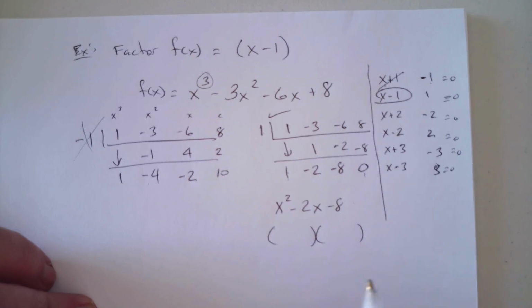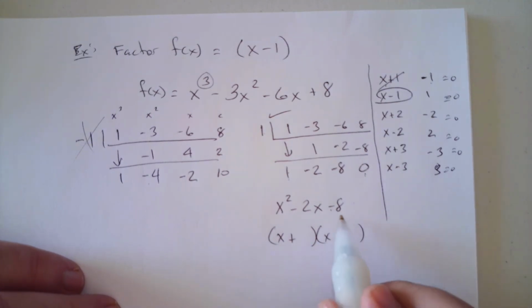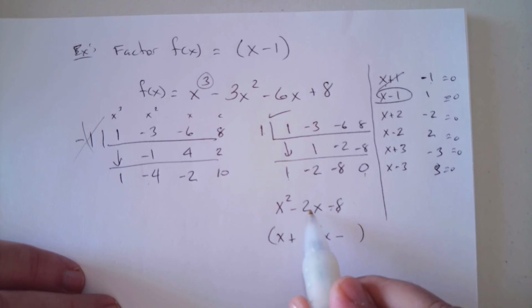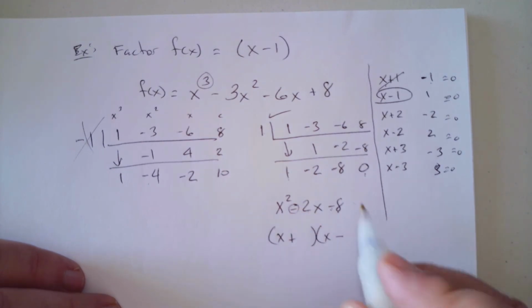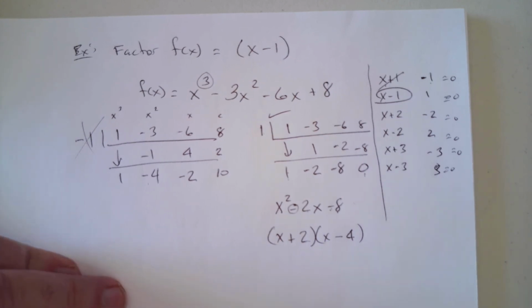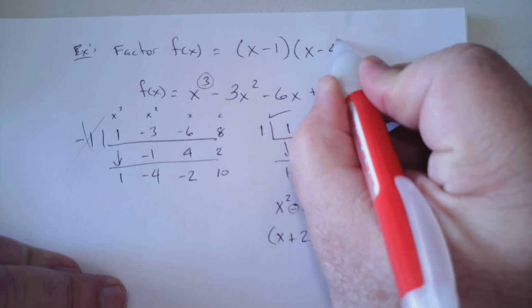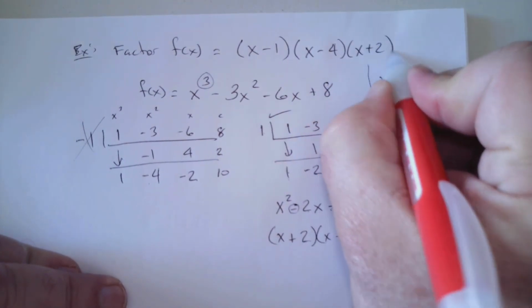Let's see if we can factor this one. x and x squared. So this makes it opposite signs. What times what is 8? When you subtract them, you get 2. The bigger number gets a negative. 4 times 2 is 8. 4 minus 2. Yep. So my factors are these.